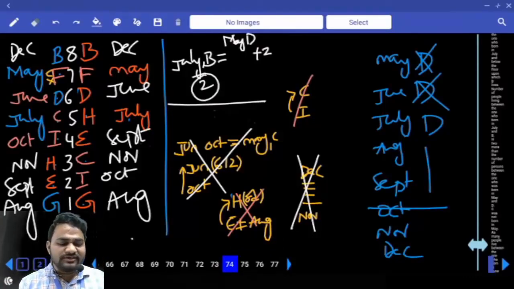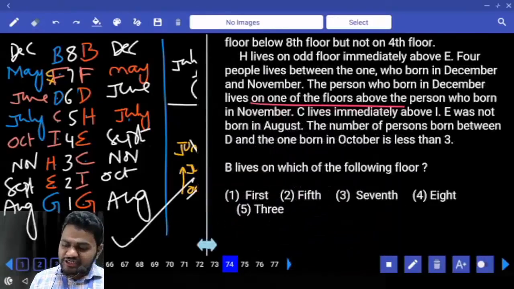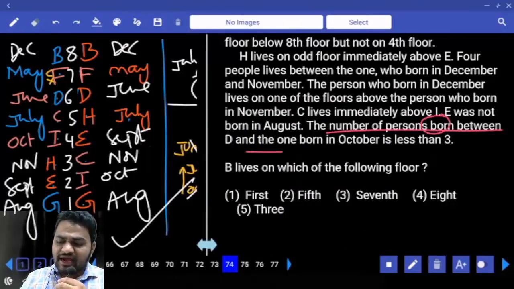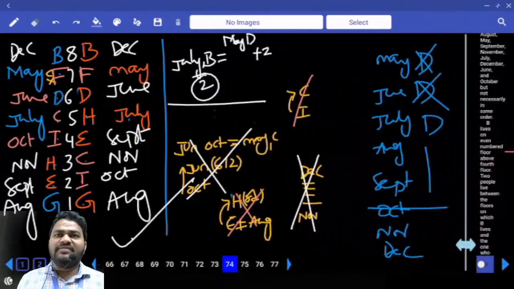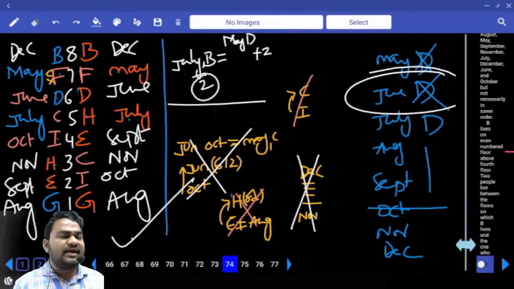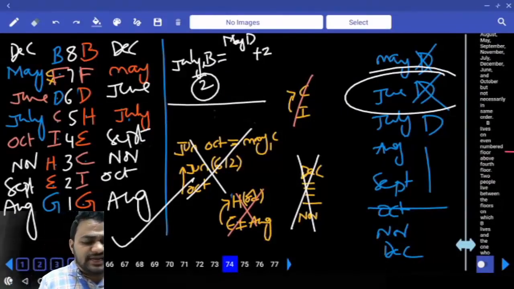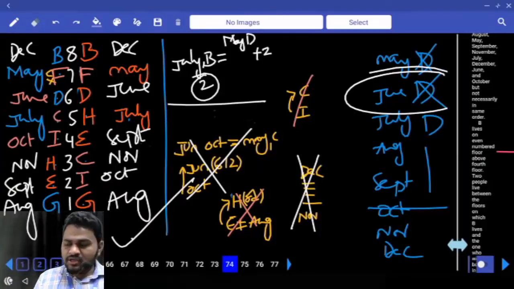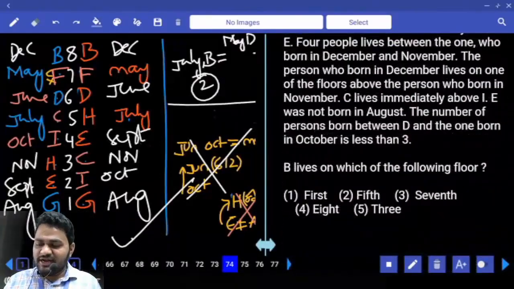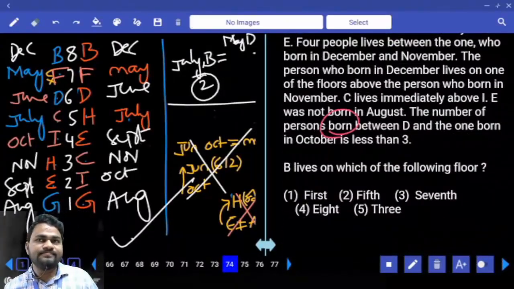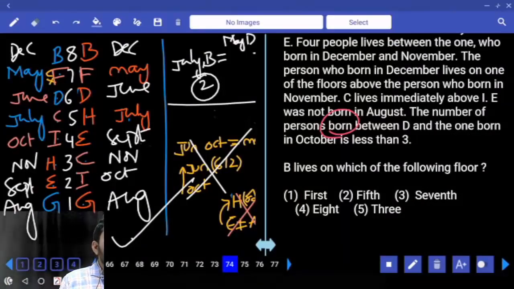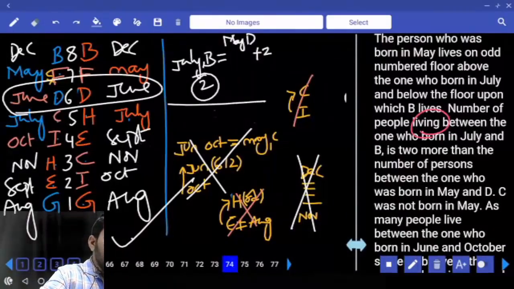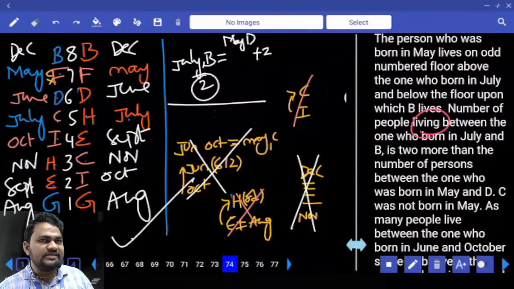How to eliminate this possibility now? The last condition is that the number of persons who are born between D and October is less than 3. By that we have already discussed that D is not in the month of June. But in the right side possibility, I think this condition must not be related to born. Then only you can validate this, because in both possibilities you are getting June for D, but it is getting violated.